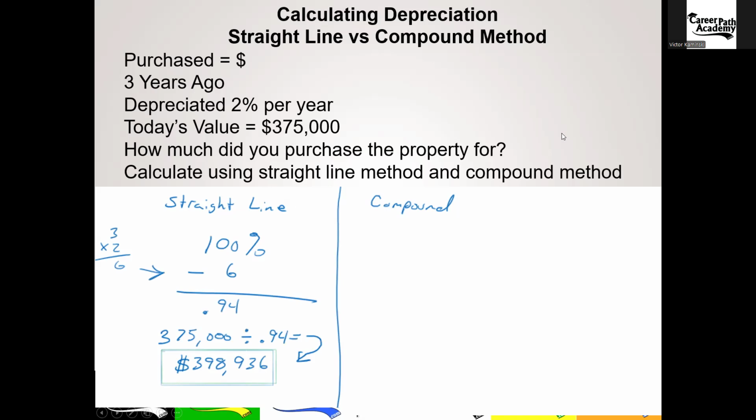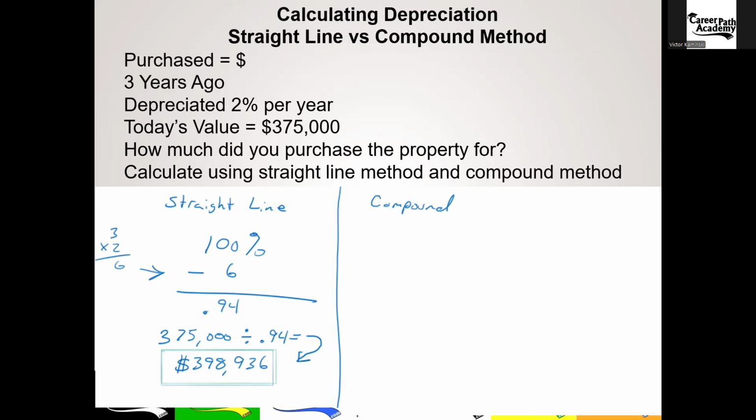Okay, so what would you do with the compound method? With the compound method, instead of doing 3 times 2, you're going to do 100 minus the 2%.